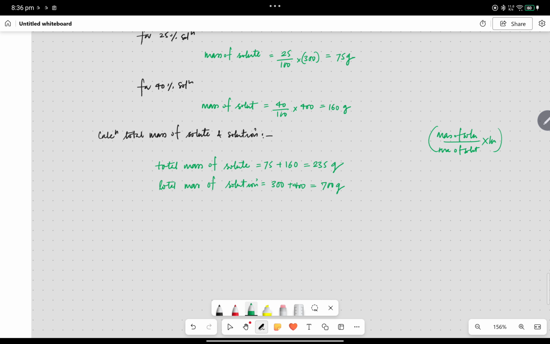Now we have the mass percent of the resulting solution.